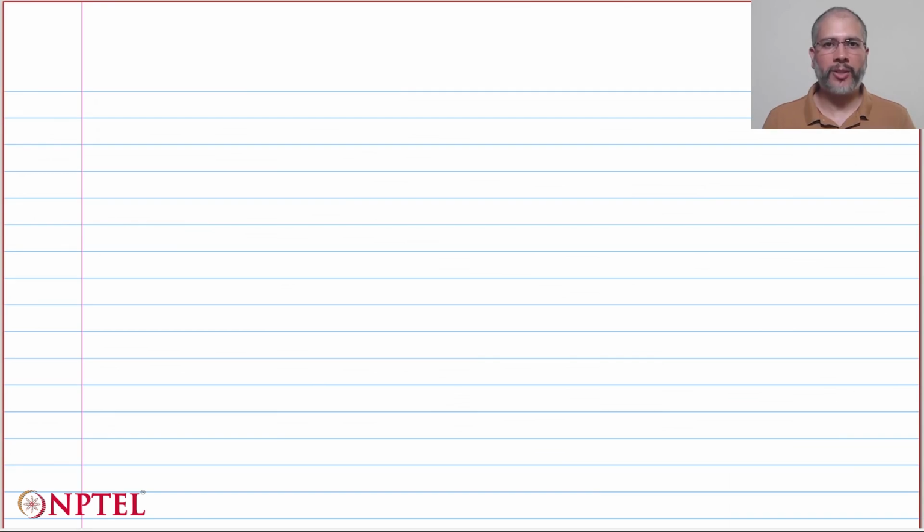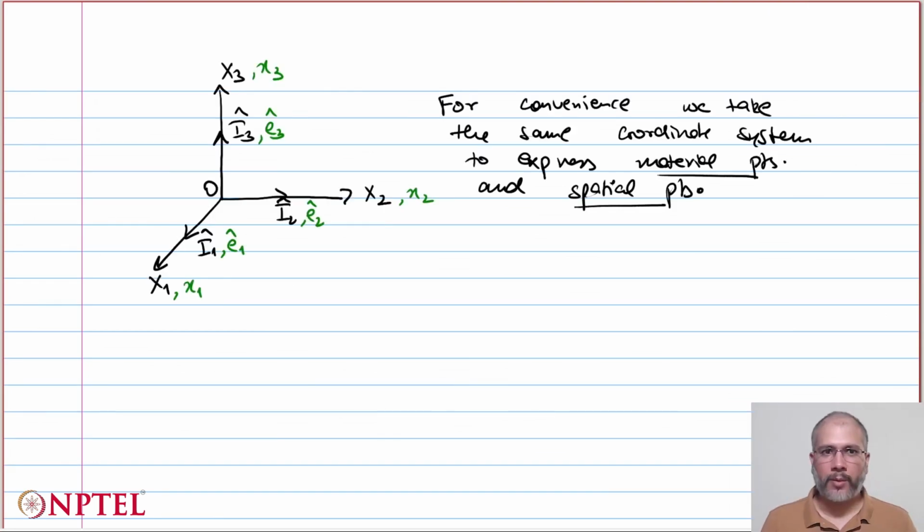But whatever derivations or definitions we'll have for quantities in expressing kinematics will be independent of the choice of material and spatial coordinate systems. So for convenience, we take the same coordinate system, as you can see, to express material points, that is points in the reference configuration, and spatial points, that is points in all later configurations.